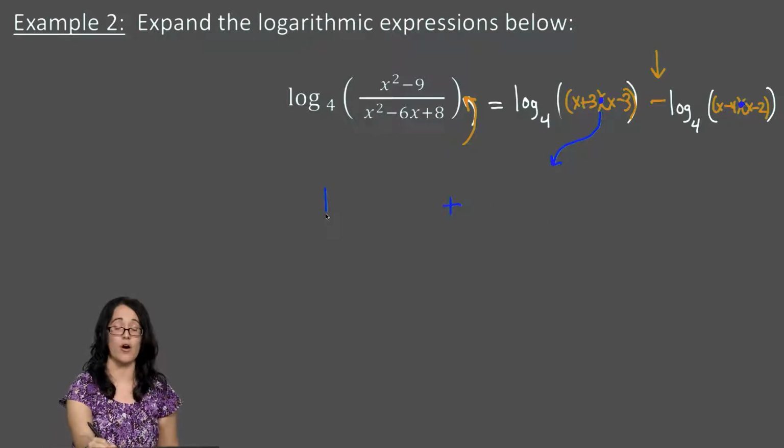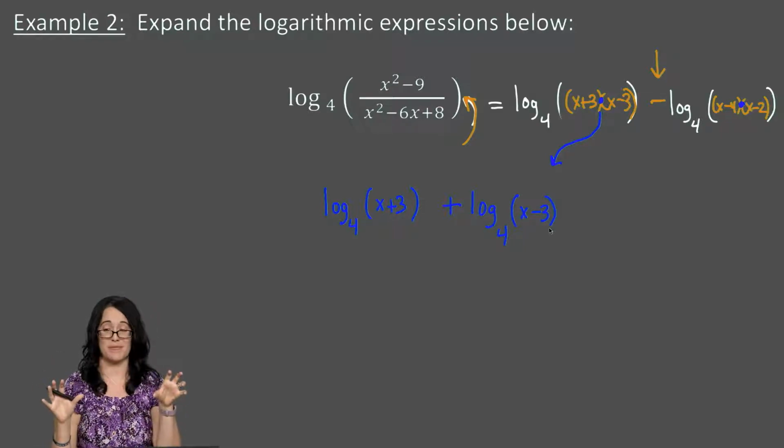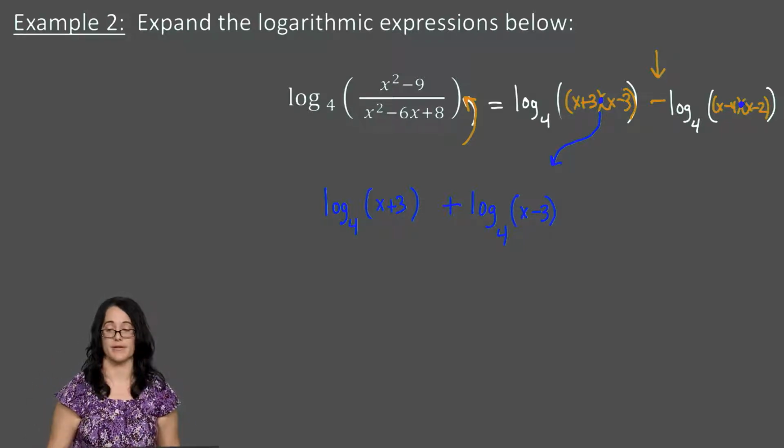So we should have log base 4 of something, in this case our first argument, x plus 3, let's say, plus log base 4 of our second argument that was being multiplied there, x minus 3. Now that's the first two logarithms after expanding that product inside.